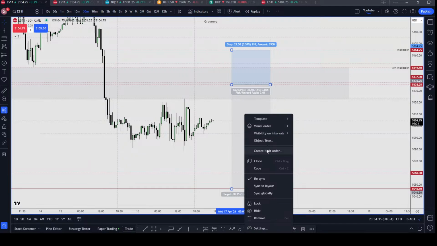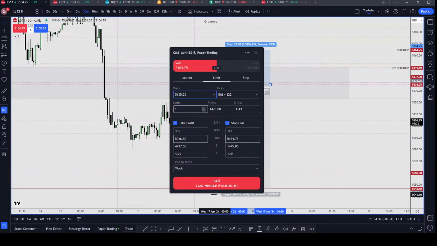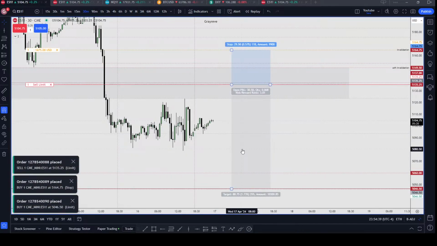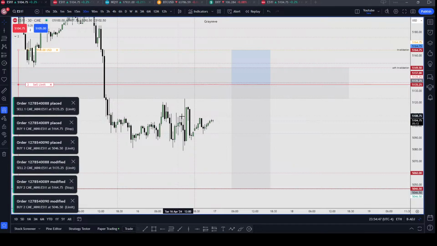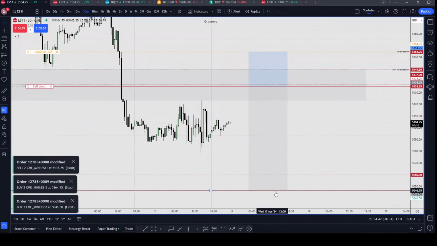Right, I'm just going to use maximum 2 contracts here, right, so that I can take partials. Right, my draw on liquidity would be here, 3R, slightly below the daily fair value gap.